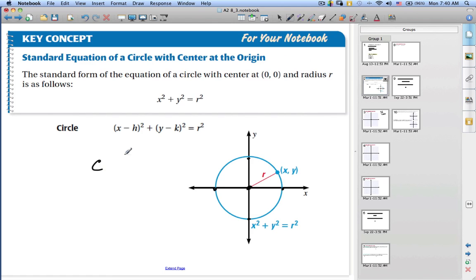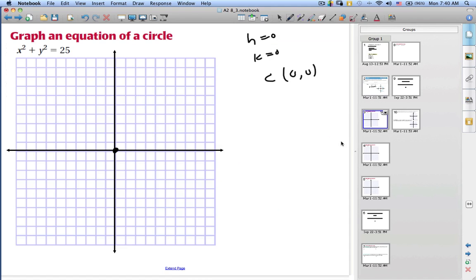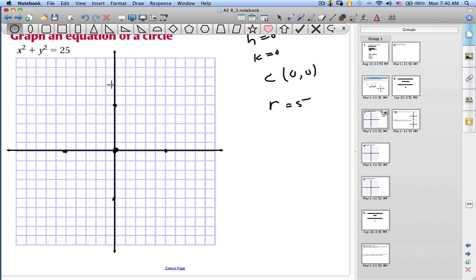Remember, my center will always be at h, k. My radius is going to be the square root of 25, which is 5. So if I go up 5, down 5, right 5, and left 5, then I have a circle.